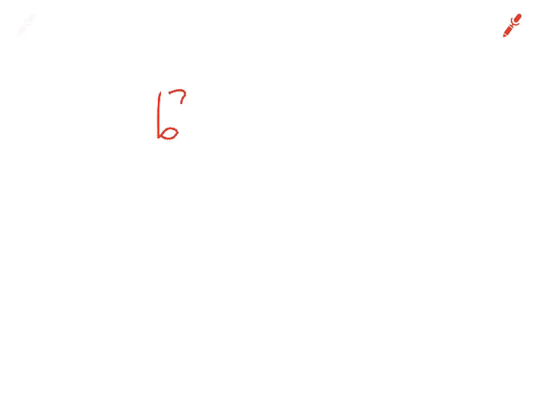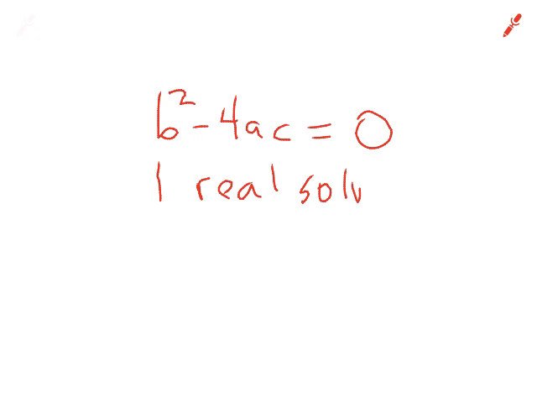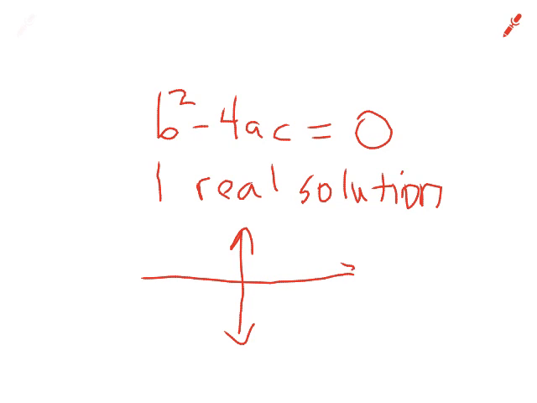If the discriminant is equal to 0, and if you want to refer back to the second example we did, then that means you have 1 real solution, or 1 real x-intercept, 1 real zero, 1 real root. It's a real number. The parabola can open up or down, but it just sits right on top of the x-axis.